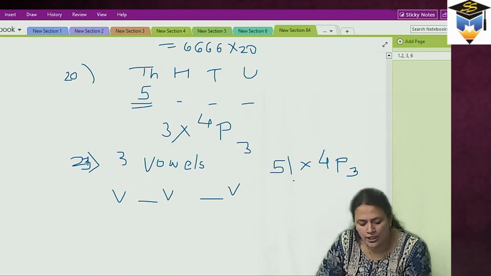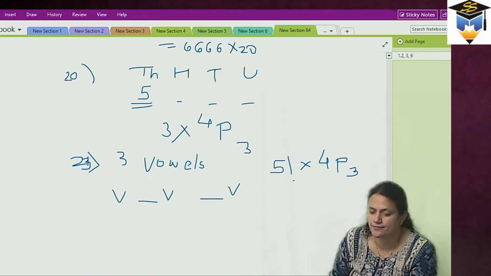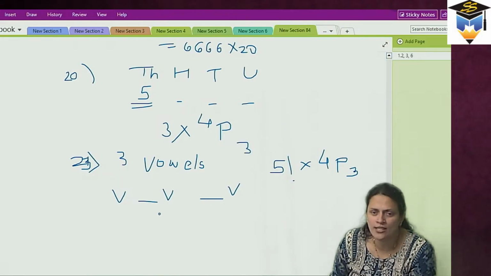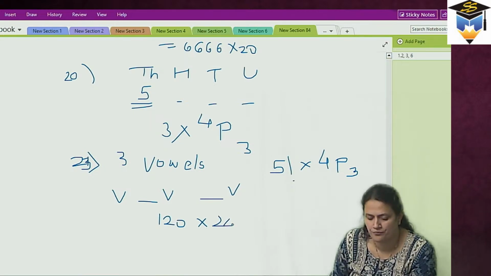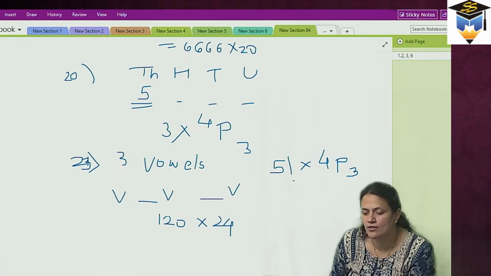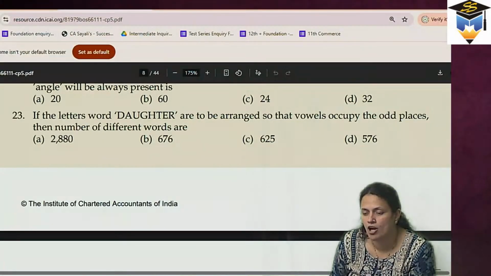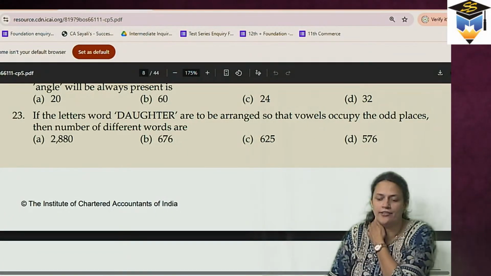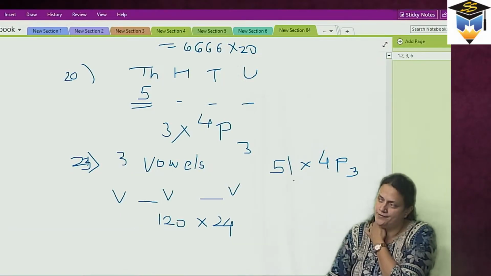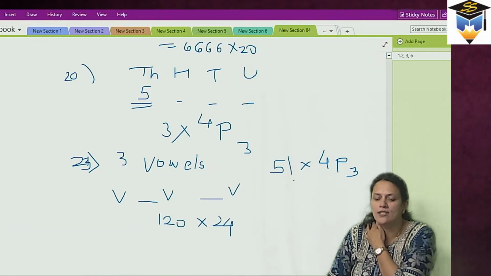So 5 factorial into 4p3, tell me the answer. 5 factorial is 120 and 4p3 is 24. 2880. Option A for question number 23. I hope everybody has understood this.